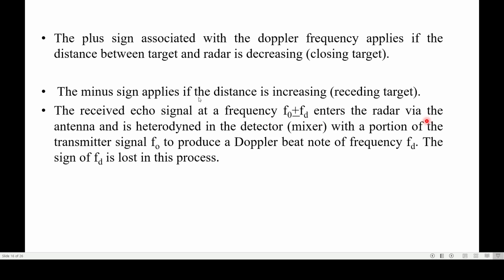The minus sign appears if the distance is increasing. The received echo signal at the frequency F0 plus or minus Fd enters the radar via the antenna and is heterodyned in the detector mixer with a portion of the transmitter signal F0 to produce the Doppler beat frequency Fd. The sign of the Fd is lost in this process.